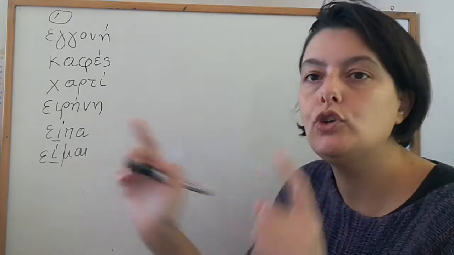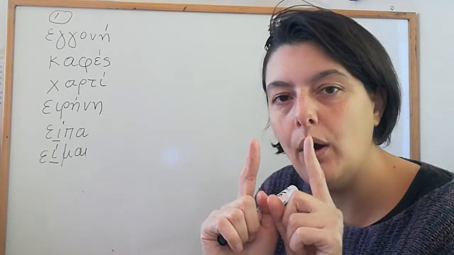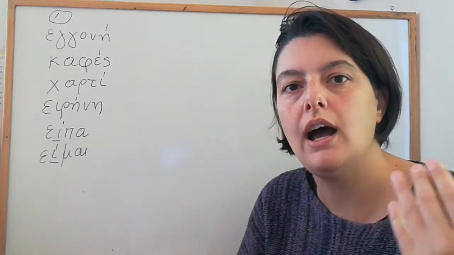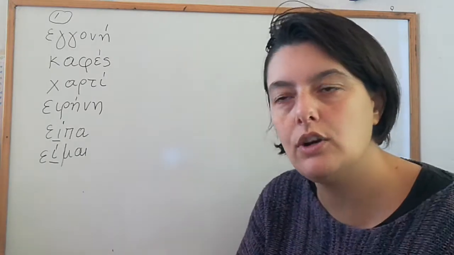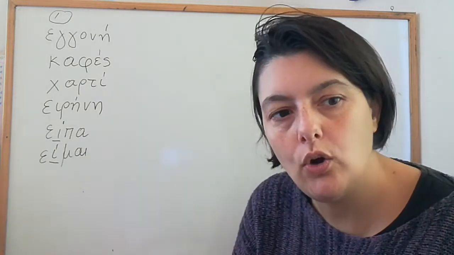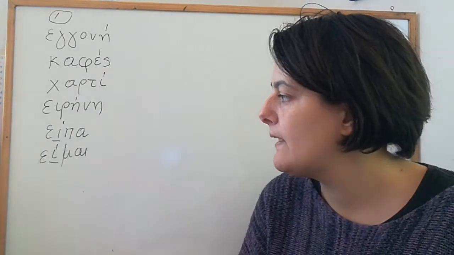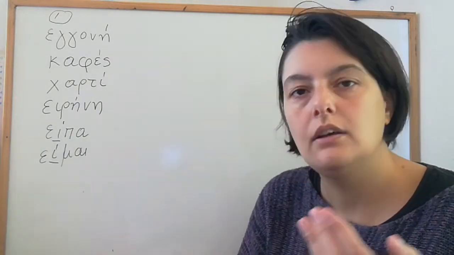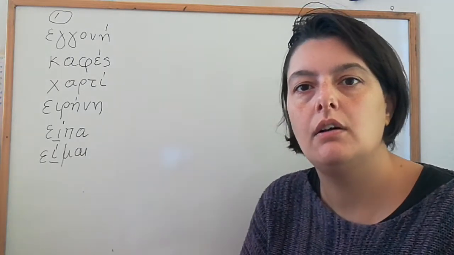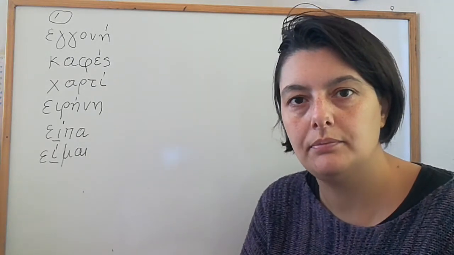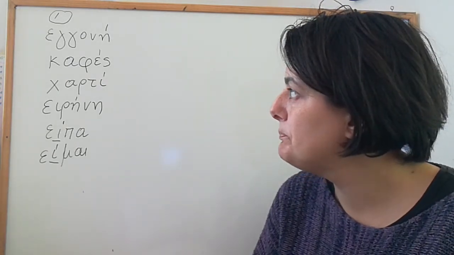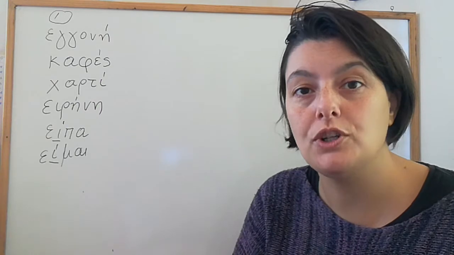And if we have two vowels, like alpha iota, epsilon iota, alpha epsilon epsilon, omicron iota, omicron epsilon, then you stress the second vowel. So that was word stress.